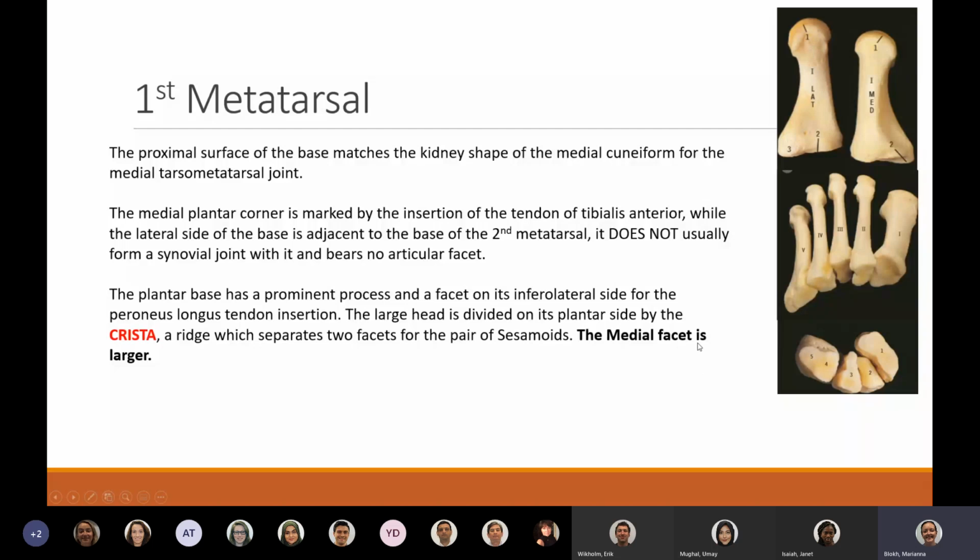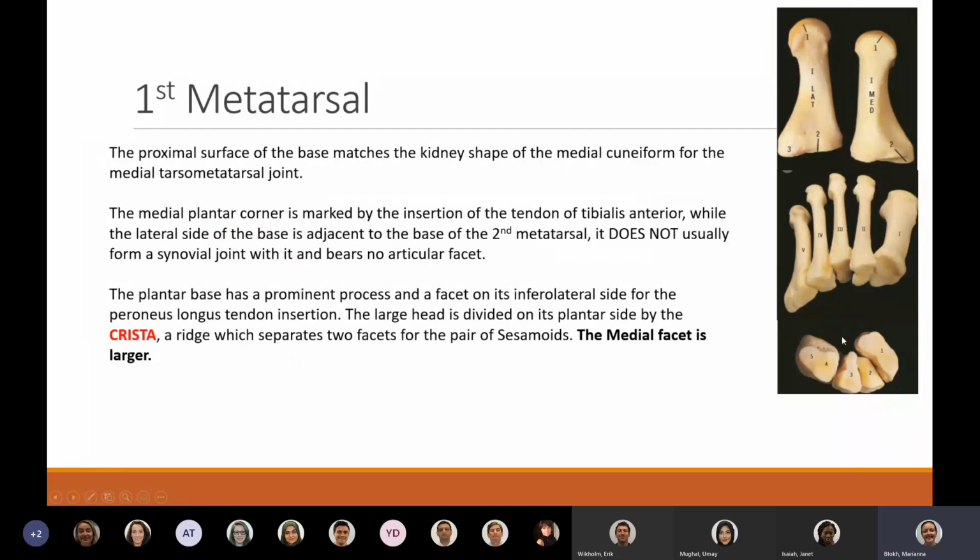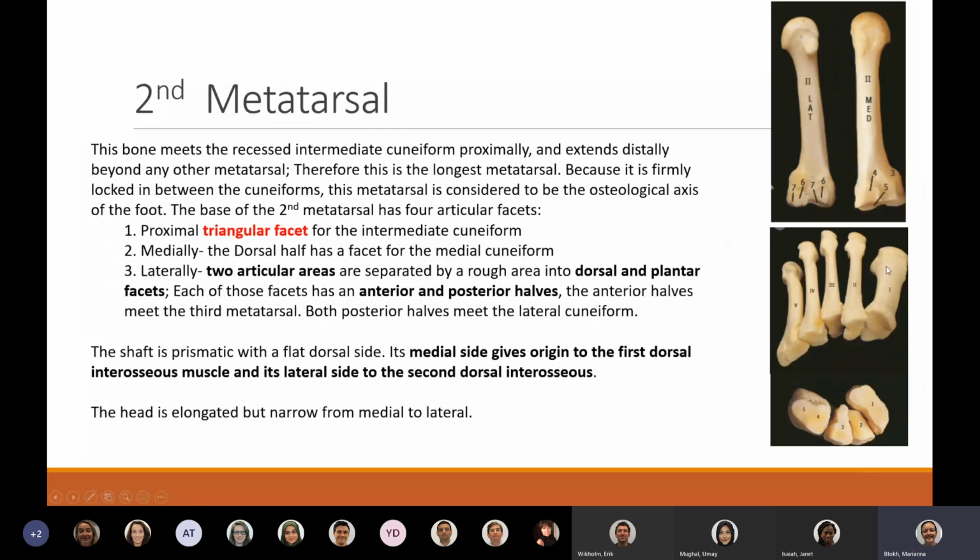Usually the medial facet is larger, but sometimes it's not. Also, the base is kidney shaped, okay? Second metatarsal, the base is triangular shaped, for the intermediate cuneiform. And you can read about the facets.